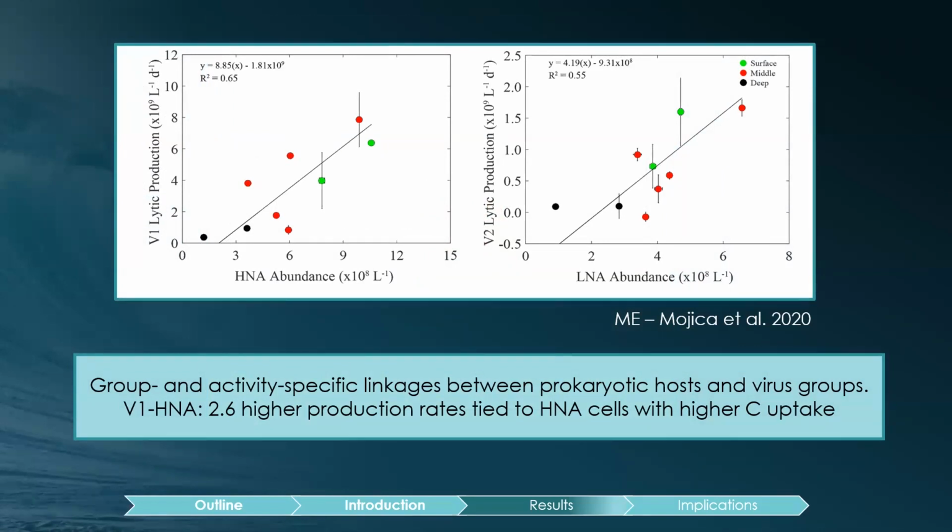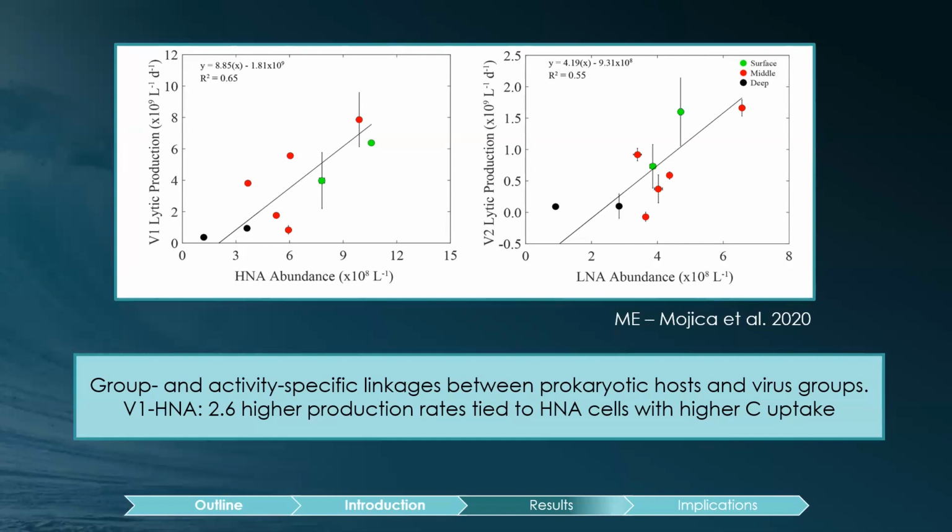If you think about the killing the winner hypothesis, that viruses are going to infect the most active and abundant hosts out there, you see that's true: V1 is really going after HNAs, and V2 after LNAs. So these suggest that there are group and activity-specific linkages between these prokaryote hosts and virus groups that we can distinguish on the flow cytometer.